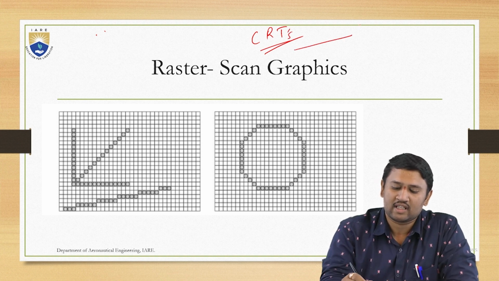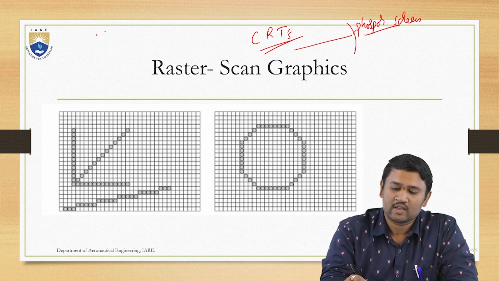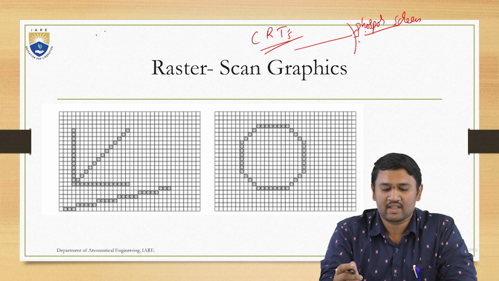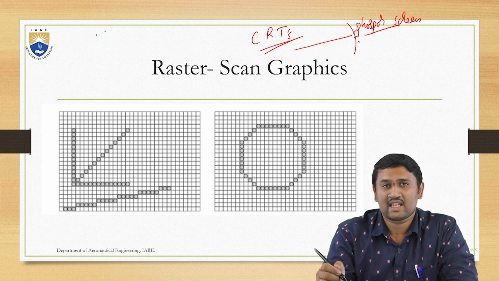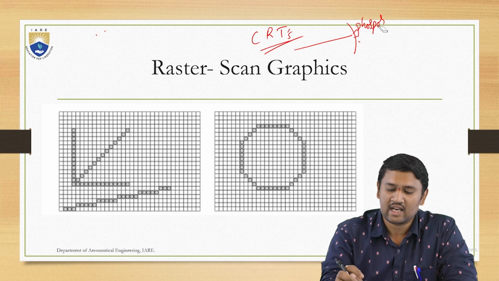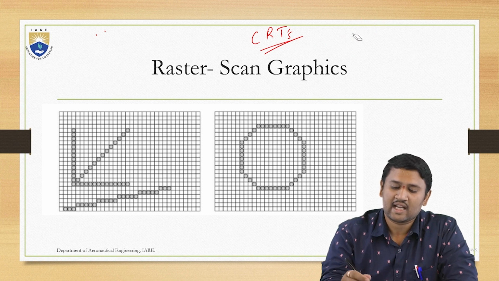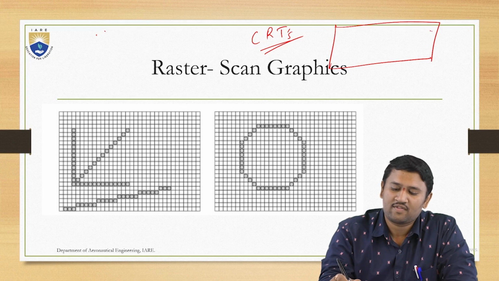when an electron touches your phosphor screen, it emits light. Now, by changing the direction of this electron, we can write a complete set on a screen in the form of simple strokes.